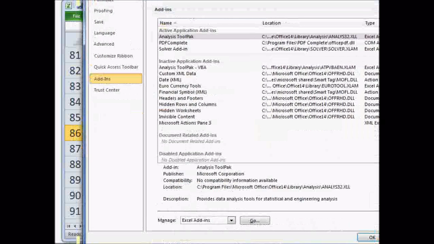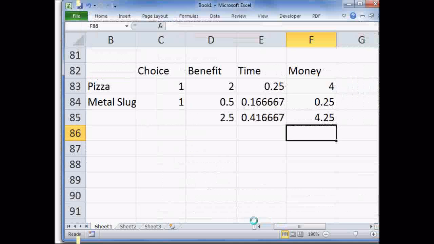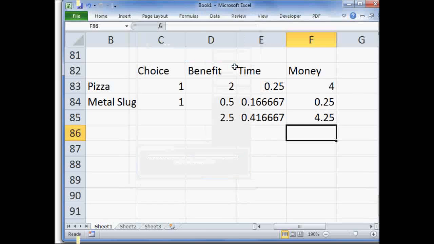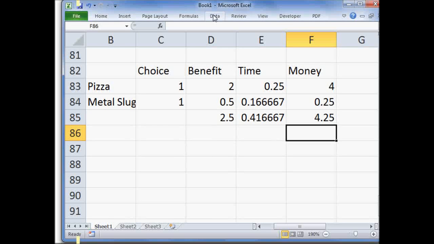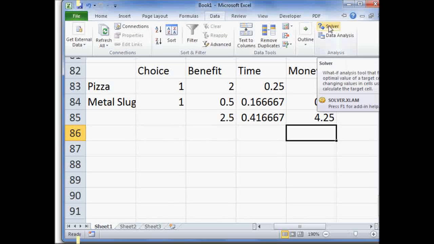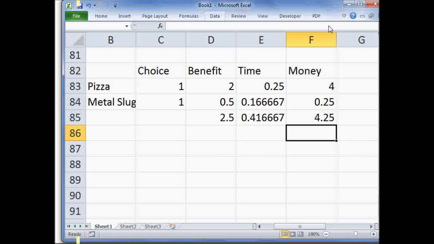And then there's this button down here. It says Go. Click that. And then, see, I have Solver add-in checked. You want to check that and then push OK. I hit cancel because I already have it, but you'd hit OK. And then it shows up in the Data tab. You can see it says Solver right there. So we're going to solve this using Solver.